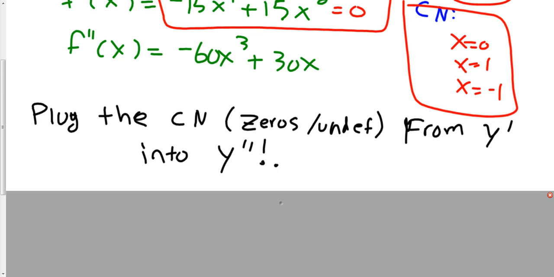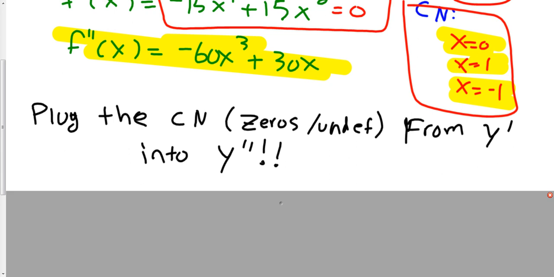That's what you want to do, okay? If nothing else, just remember that. So let's take those critical numbers and plug them in here. These numbers over here, we're going to plug into the yellow highlighted second derivative.